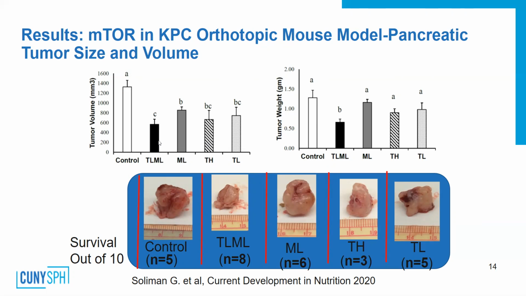And the maximum effect was the synergism between Torin-2 and metformin, and to a lesser extent, metformin alone, and also to a lesser extent, the Torin-2 low concentration and high concentration.